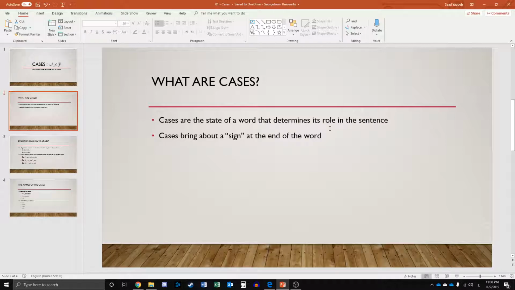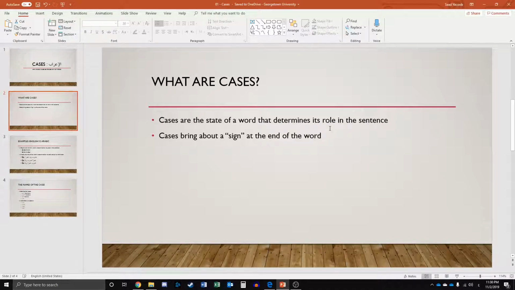I have a word like Zaid, Rajul, Walad, and when I just say it, I haven't given it a role in a sentence yet. And what role it gets in the sentence is determined by what case it's in.